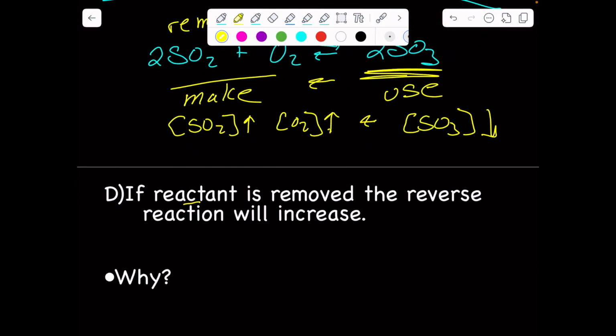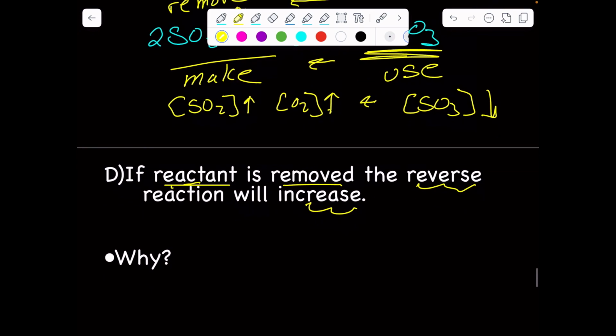If reactant is removed, then the reverse reaction will increase. Why? Because if we're removing reactant, the product side is heavier.